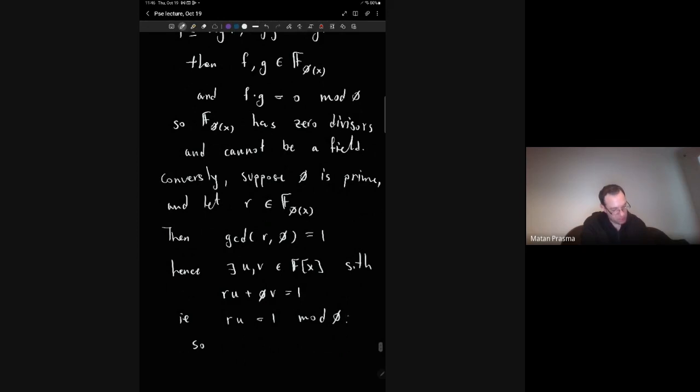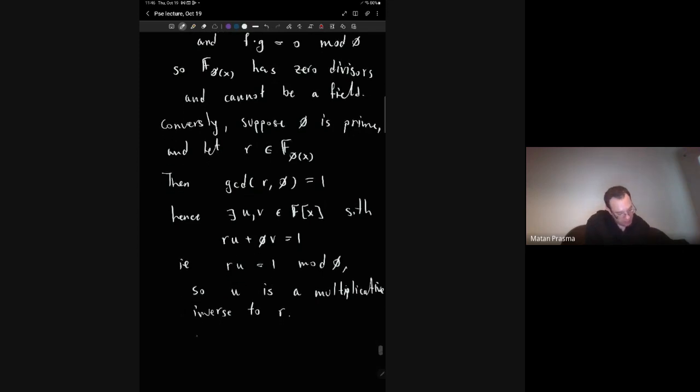So U is a multiplicative inverse to R. Okay? Hence, F sub phi of x is a field.